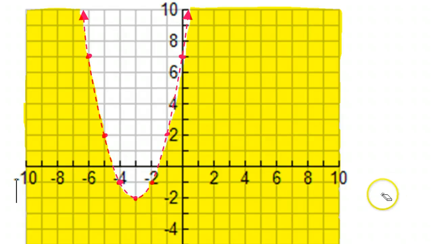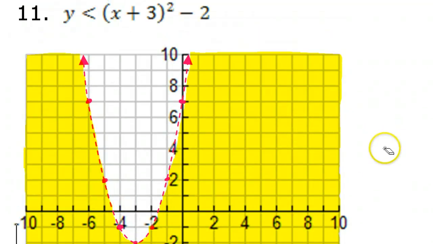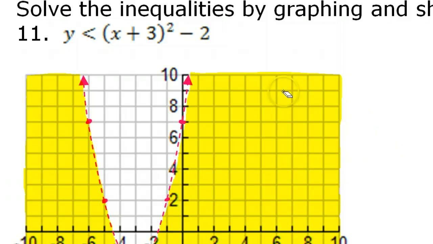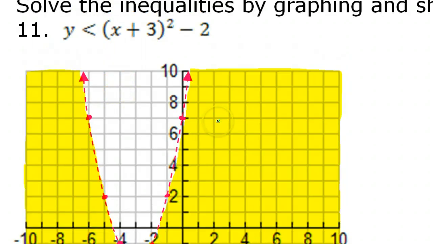Now for some students, the whole above below thing is very tricky, and they wind up getting the wrong answer 50% of the time. So for those students, I have another method called the test value method, and all you have to do is pick one test value and substitute it into the inequality and see if it makes a true statement.